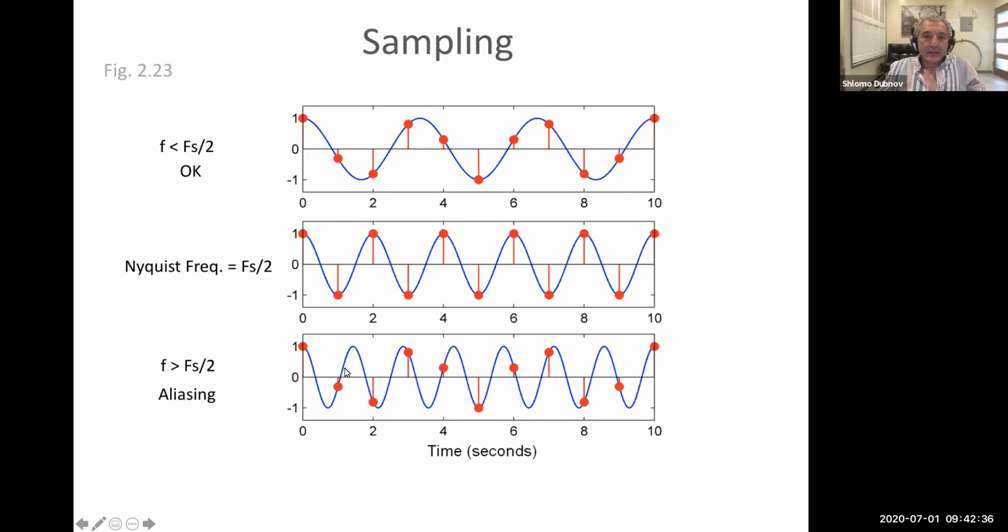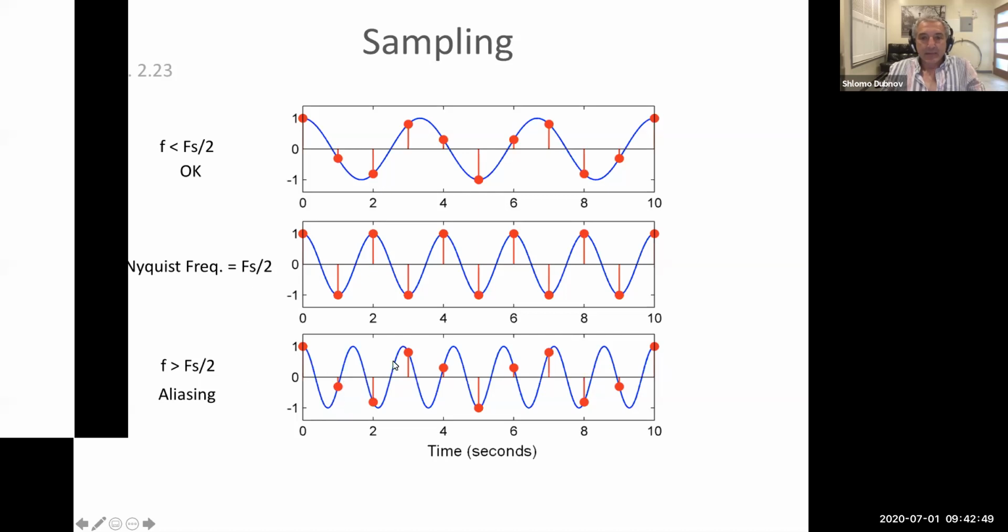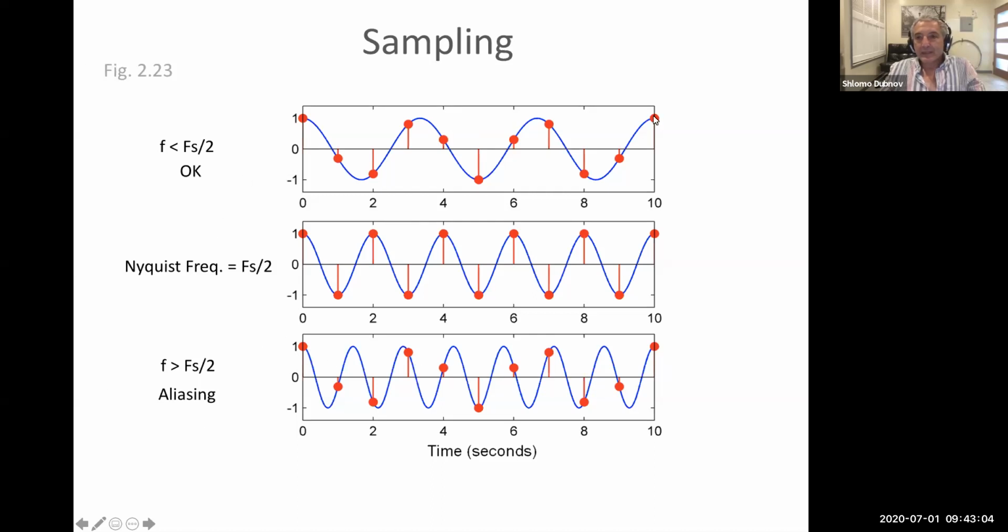It shows that if this is your audio signal, your waveform, and the frequency is higher than the Nyquist frequency, and you still sample it the same way, then when you want to reconstruct a new wave from the red dots, you have an ambiguity. This example is designed in such a good visual way that you can see that these red dots are the same on the top and the bottom.